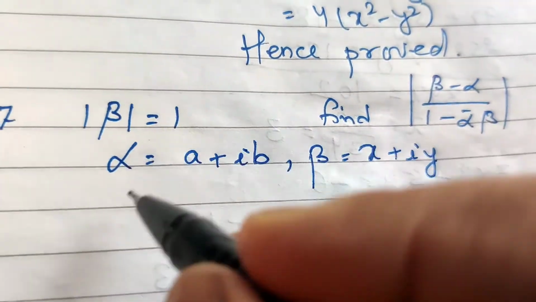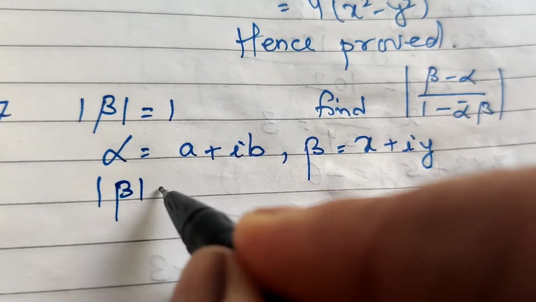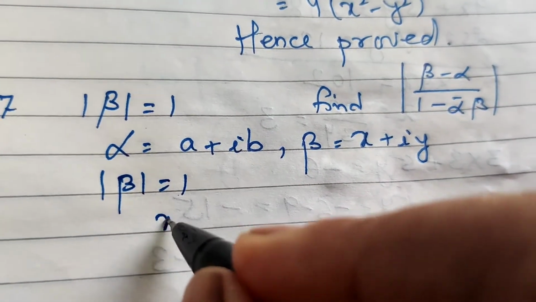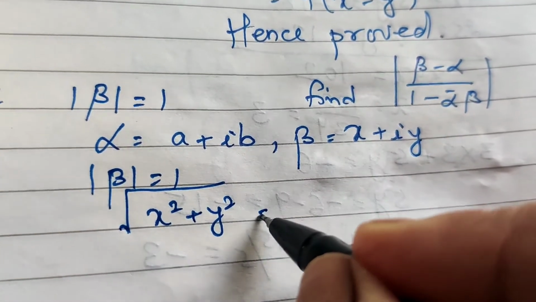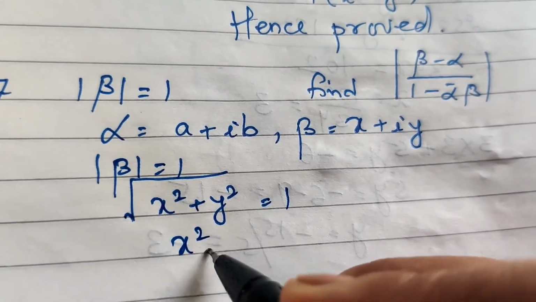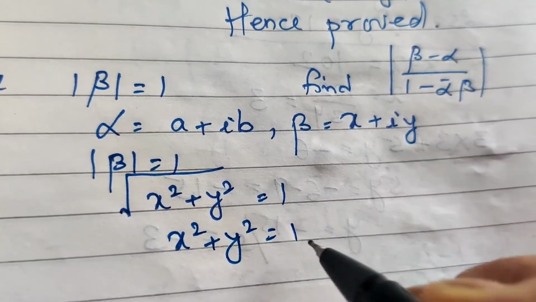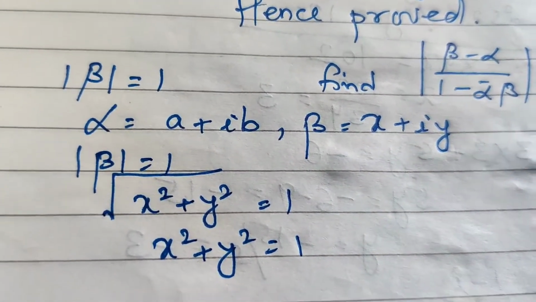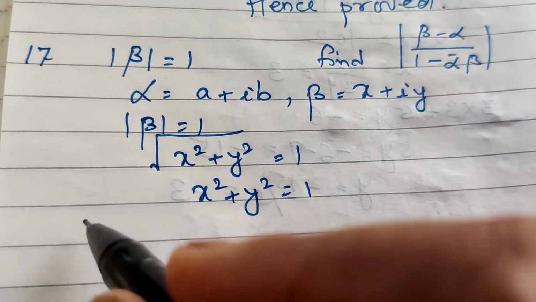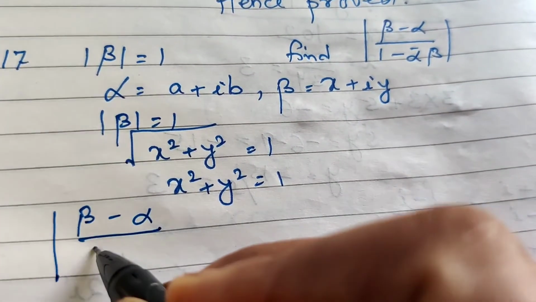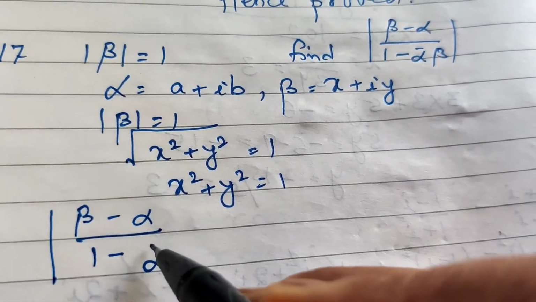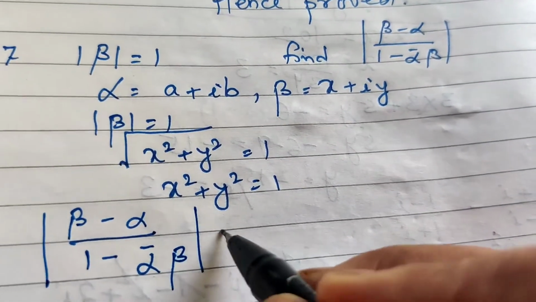Now given that mod beta equal to 1, it means under root x square plus y square equal to 1. X square plus y square equal to 1. It is given. Now find the value of beta minus alpha upon 1 minus alpha bar into beta.